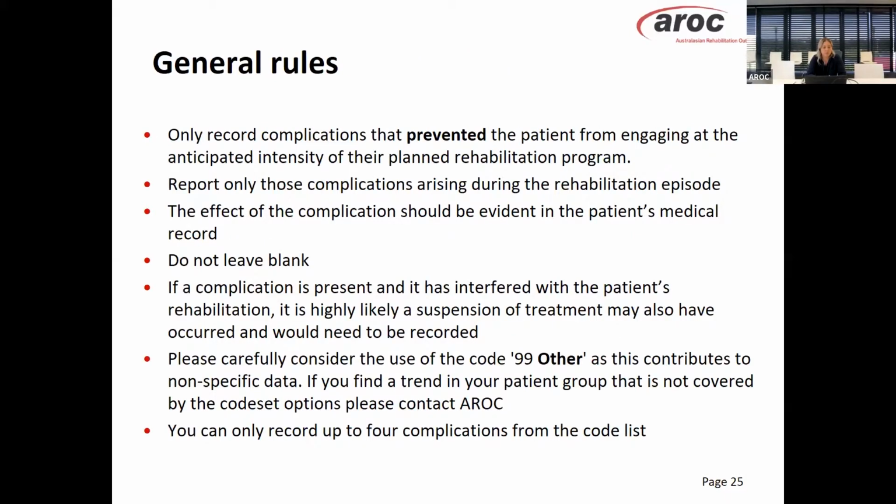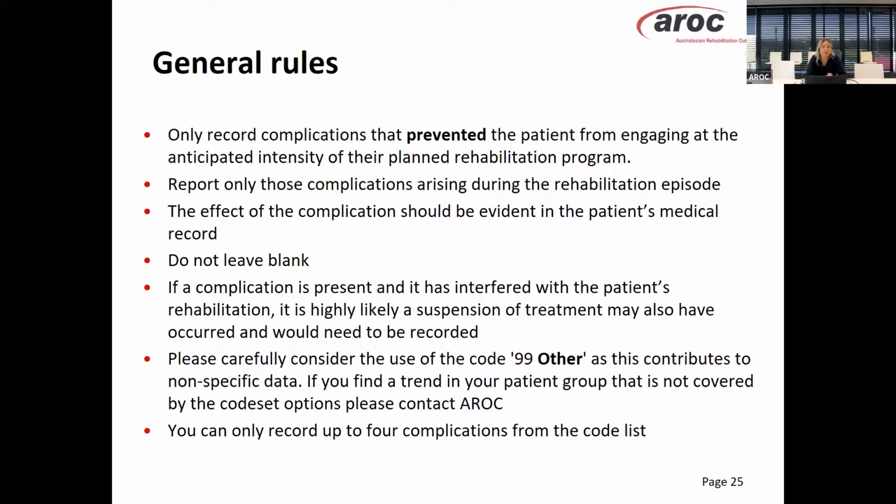The general rules around using a complication are that we only want you to record it if it prevents the patient from engaging at the anticipated intensity of their rehab program, and we only record it if it arises during their rehab episode. If it occurs prior to the rehab episode, for example, a pressure ulcer, it will come under comorbidity. If they develop the pressure ulcer during their stay in the rehab program, then it will come in as a complication.